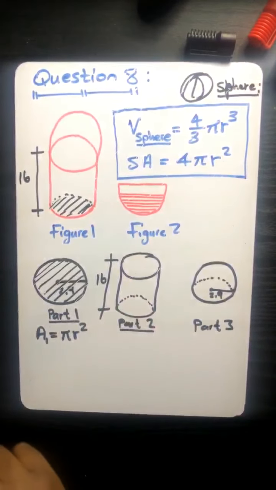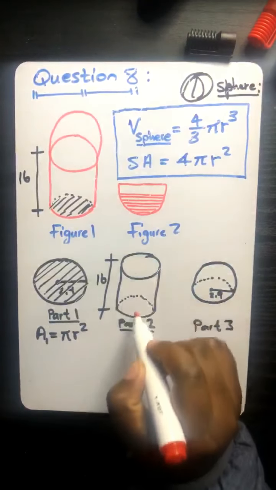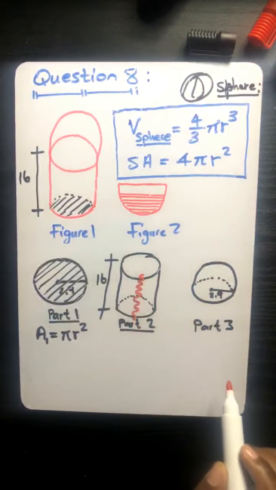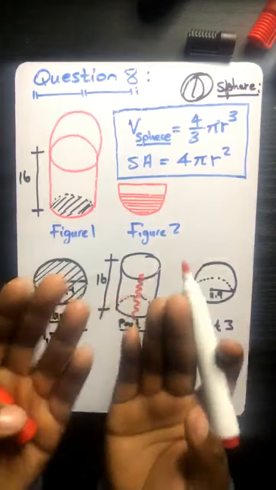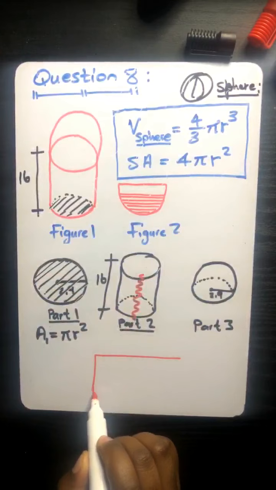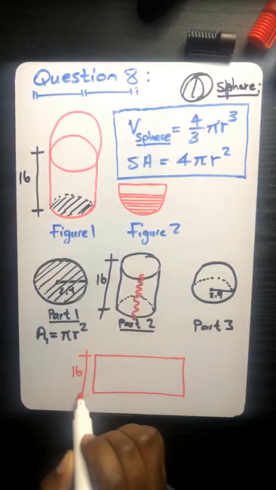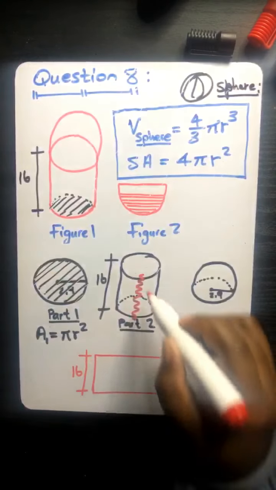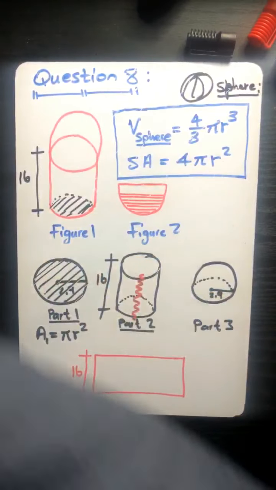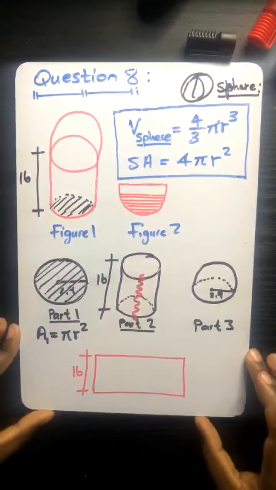Do you guys agree that this can, which is open on both sides, if I decide to cut it there, and then from there I just open it, it is going to look like something similar to that, with this side being that 16, and then this long side? You get what I'm saying? Do you guys get it? Yes, sir.